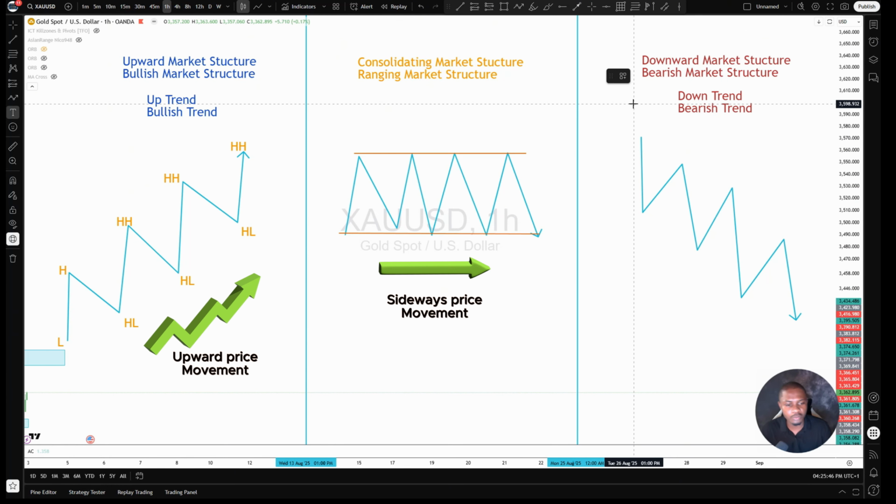To mark the points on a downward trend, this point here will be the high, letter H, then this point will be the low, and this point here will be the lower high, and this point here will be the lower low. So I will label all these points.